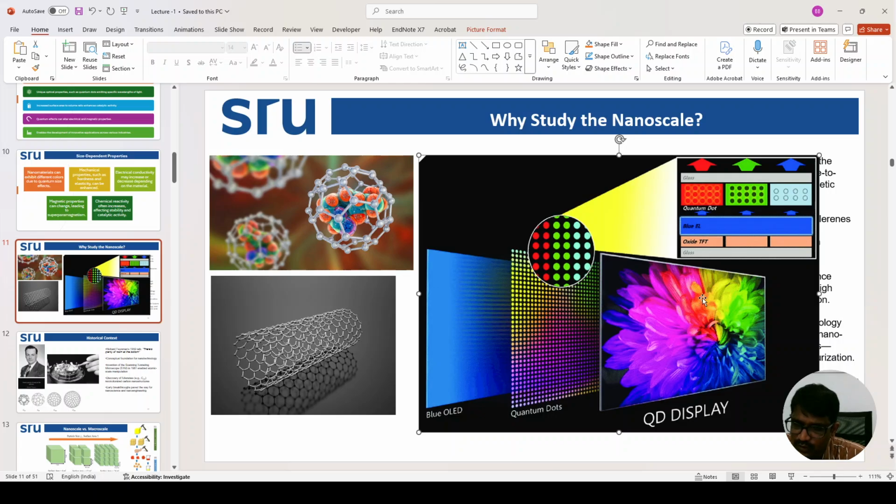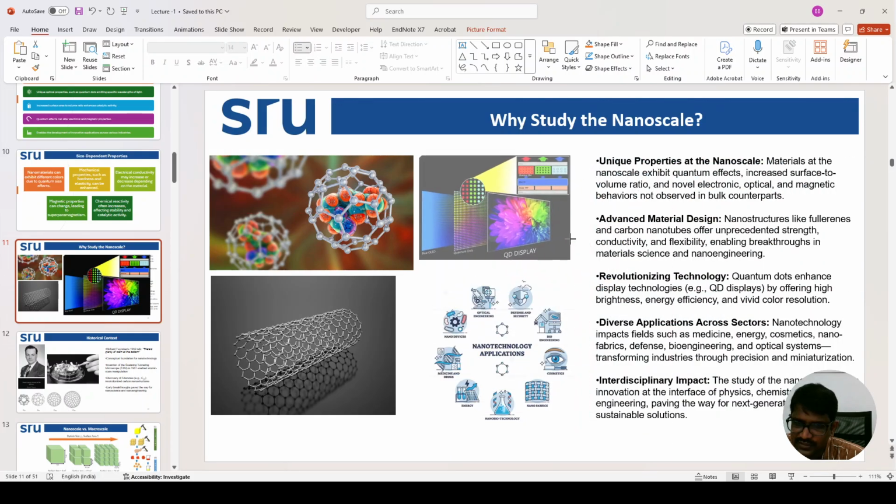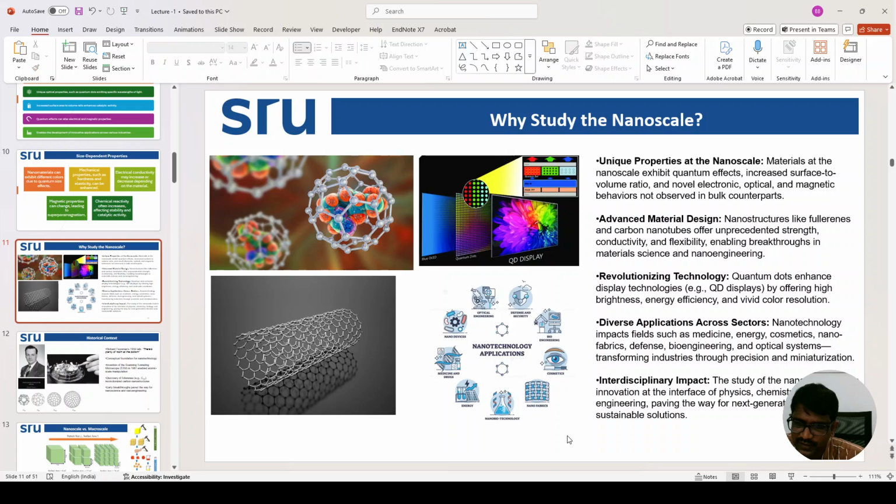If you see a quantum dot display, it is very bright. It gives the most efficient color display. This is the advantage of the nanoscale. It consumes very little energy, and provides very bright and clear images and videos. And it is energy efficient.